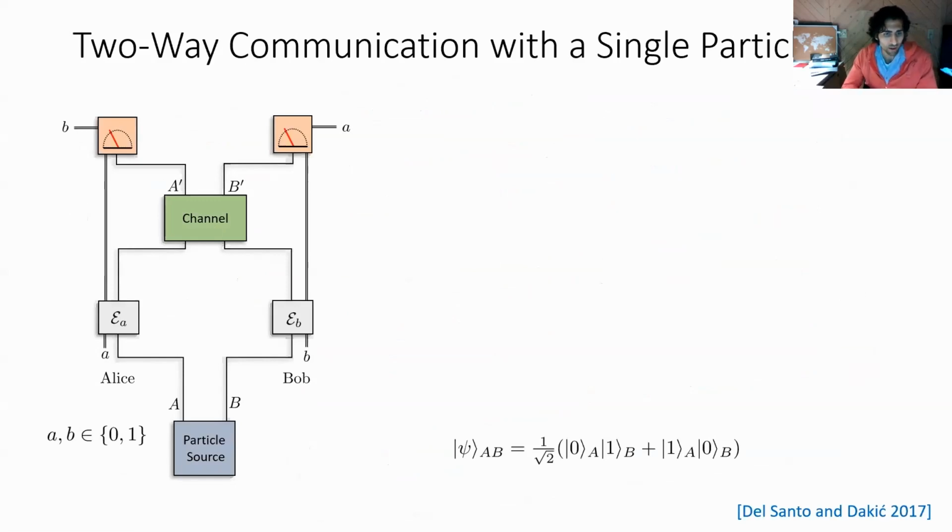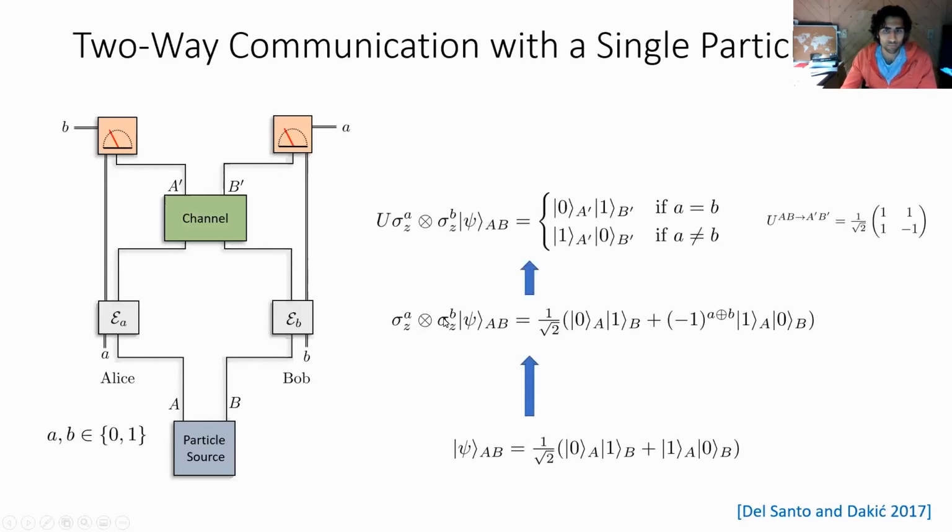So if you start off with an entangled state where you can think of 0 as being a path, 0 indicating that it's a vacuum, 1 indicating that you have a particle along the particular path. So you start off with a path superposition state. And then they do an encoding, which is just a sigma z based on whether their message is 0 or 1. And then this channel here is essentially a Hadamard rotation in this path basis. And then at the end, they make a measurement.